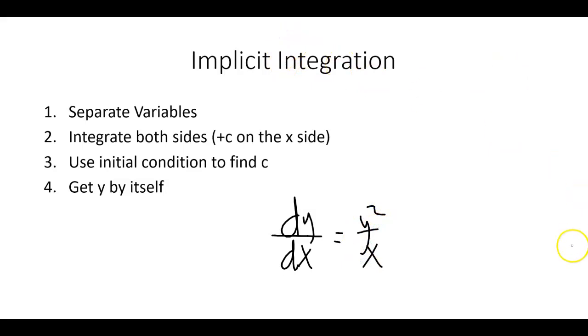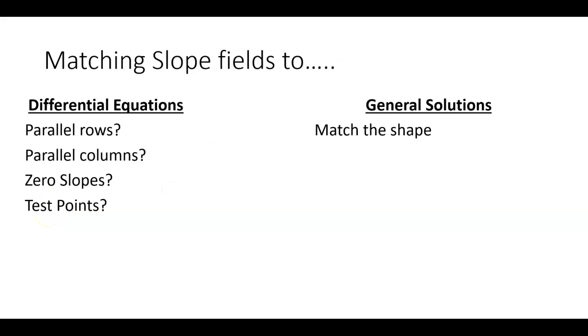You first of all would want to get everything with a y on one side and everything with an x on the other. Then you would integrate both sides. And then you're going to find c using your initial condition, and you get y by itself. So you're going to see a lot of questions like that. Very important one. Big point value on your FRQs.